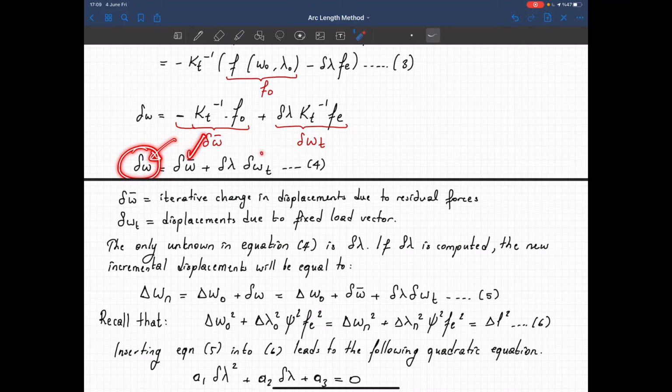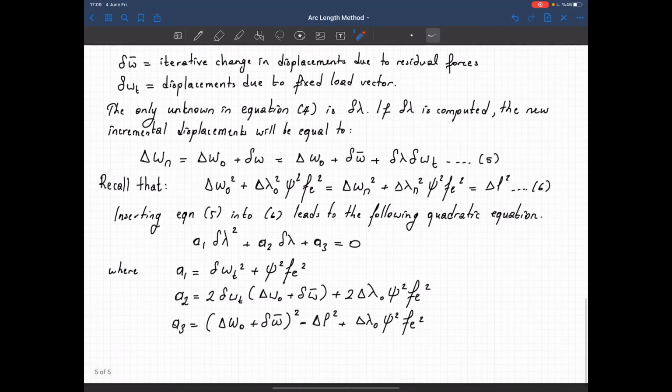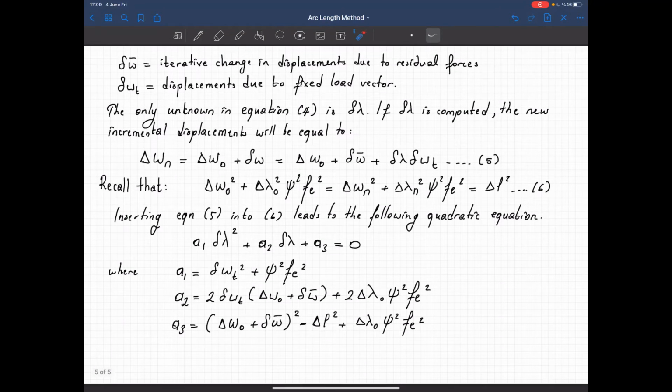Because this is known, I calculate this by using the quadratic equation, and I can calculate this one. Once I determine the iterative change in displacement, I can update my incremental displacement. So with these iterations, I can converge to the equilibrium point. Now we will talk about the implementation of this method.